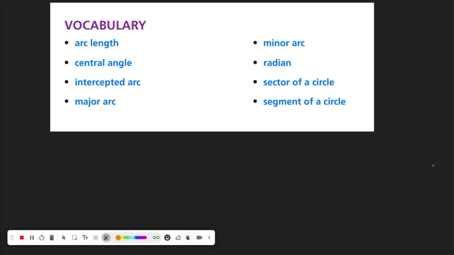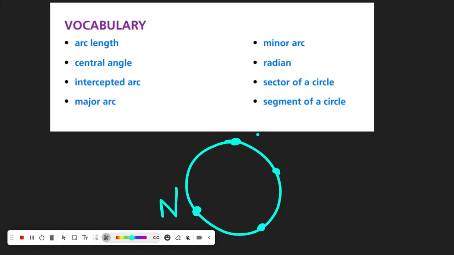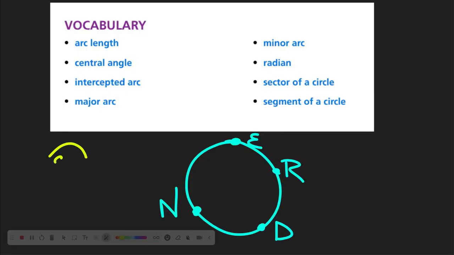Okay? A major arc and a minor arc. A major arc is greater than 180 degrees, and a minor arc is less than 180 degrees. So if I had these, a minor arc might be arc ED.